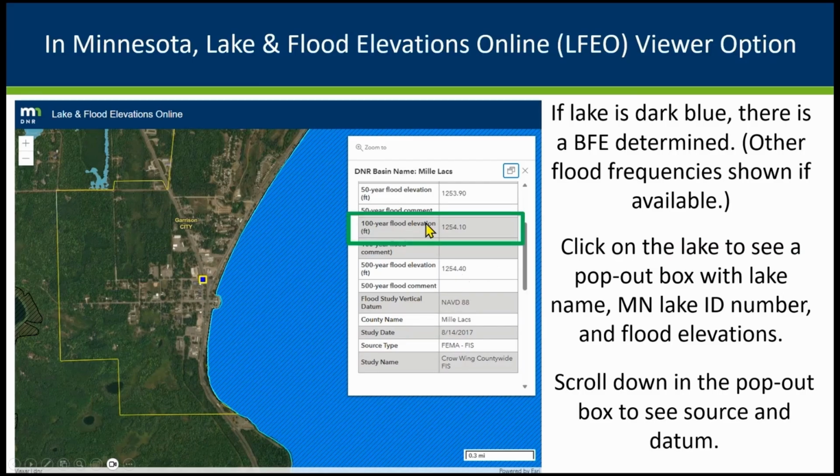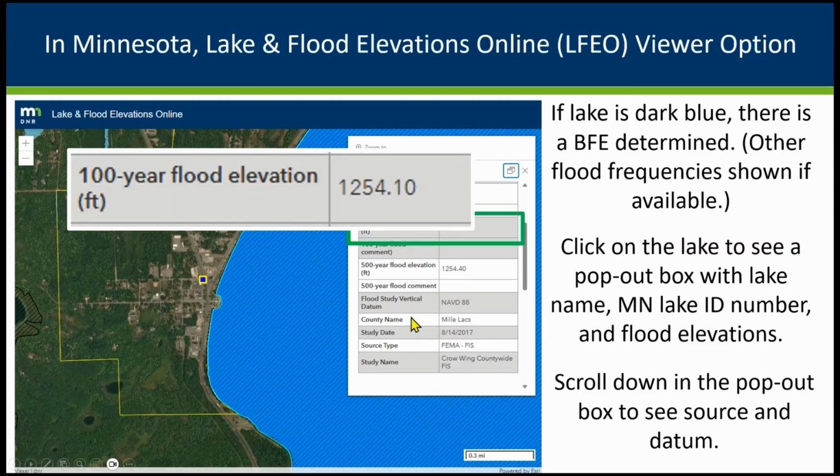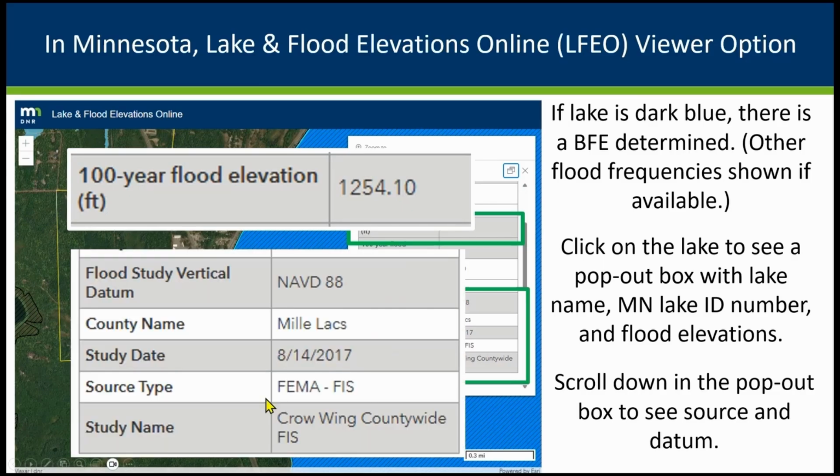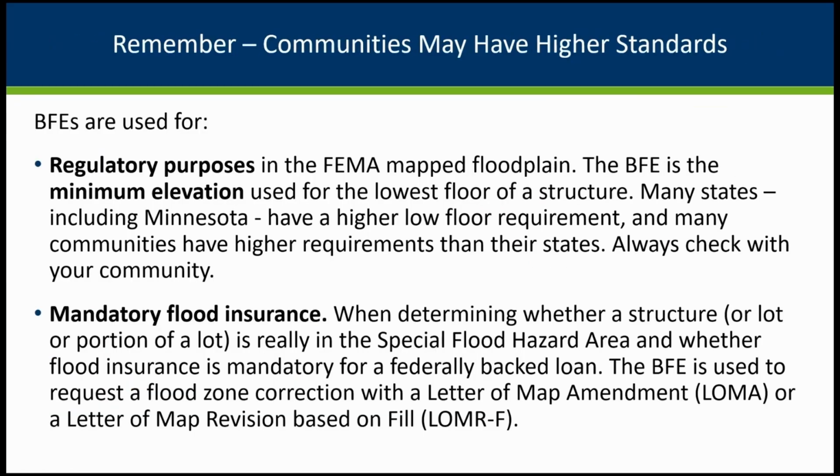Again, there's our 100-year, but we've got information on the source of that base flood elevation. And in this case, it was the flood insurance study, but in other cases, it might be other best available data sources.